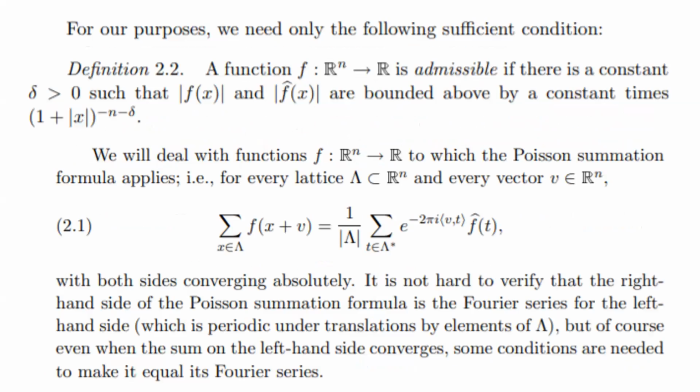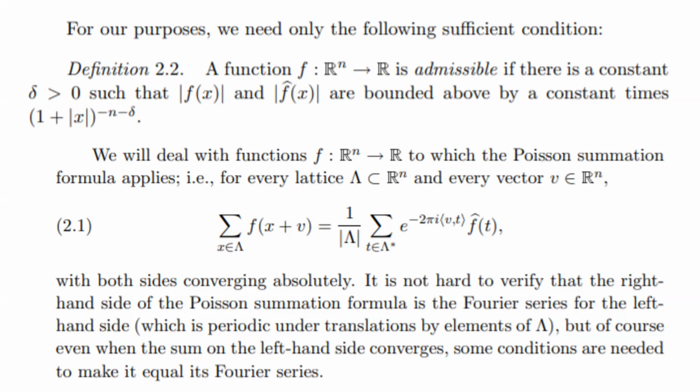All right, so we will only be needing to look at a very special set of functions. This is similar to the admonishment I was giving earlier. So an admissible function will be a function that has sufficient decay. And so what is sufficient decay?